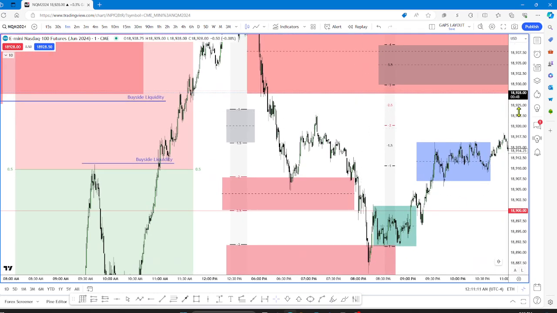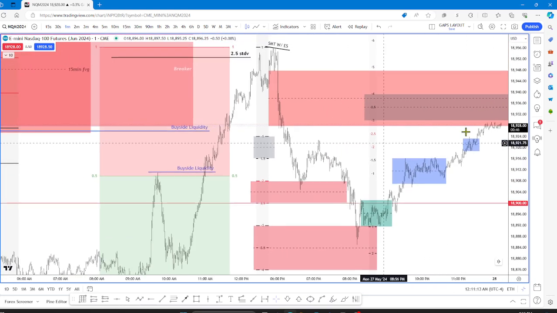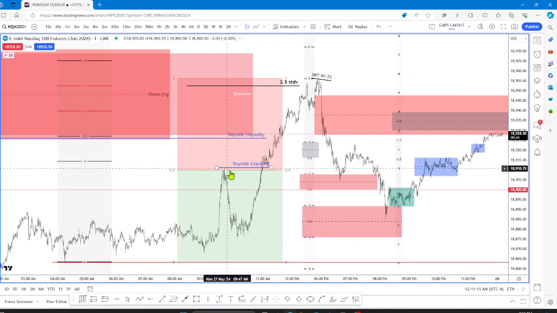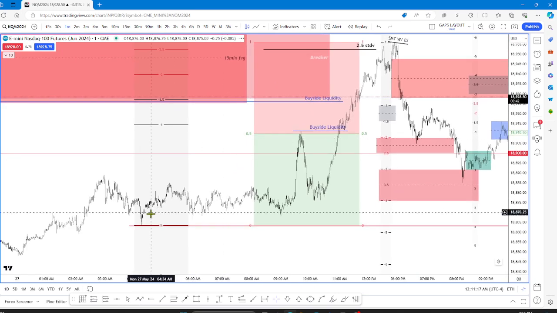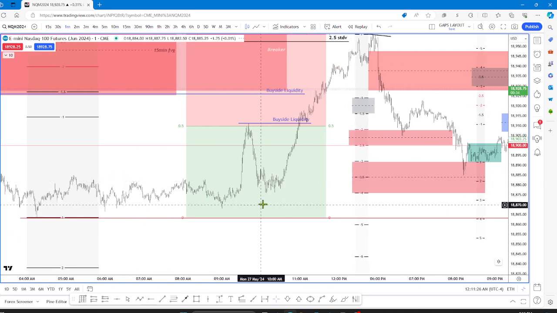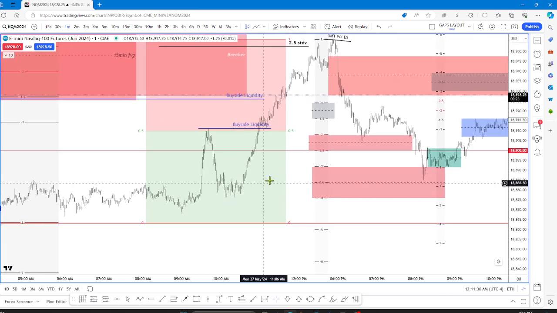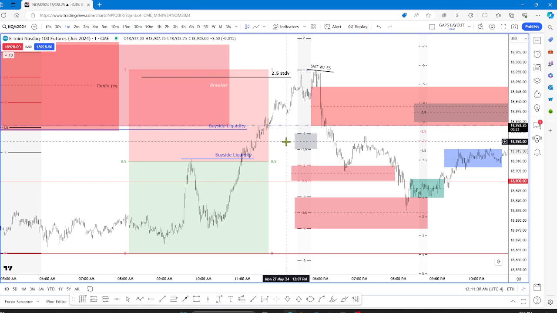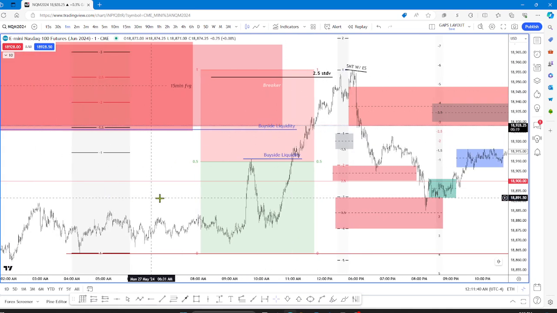So we went over this projection, 2 to 2.5, where we reversed from. SMT was here, right? And the trade we took this morning, there was SMT.